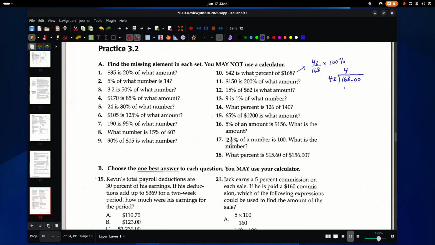So that tells us that 42 over 168 is 1/4, so it's 0.25, which is 1/4 times 100%, which equals 25%. Okay.